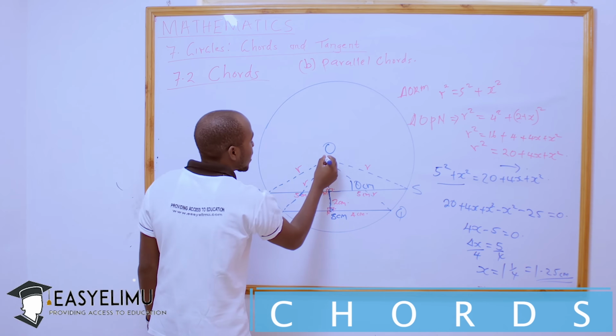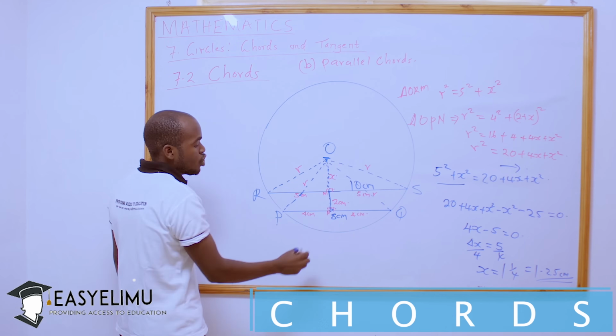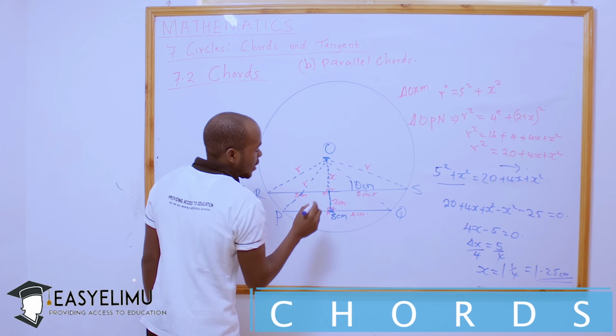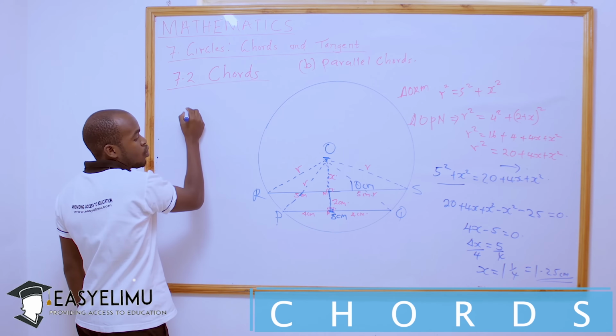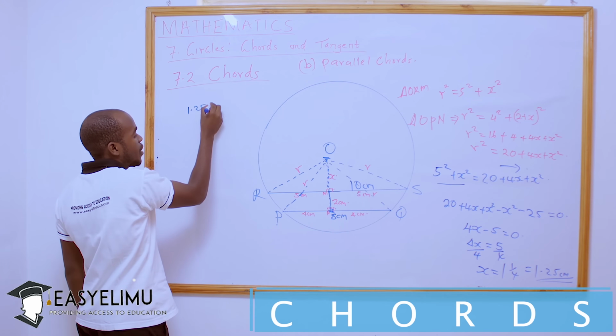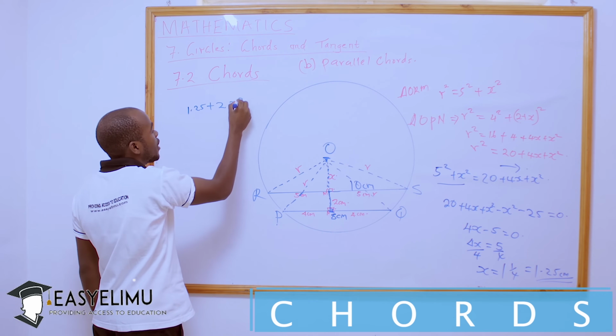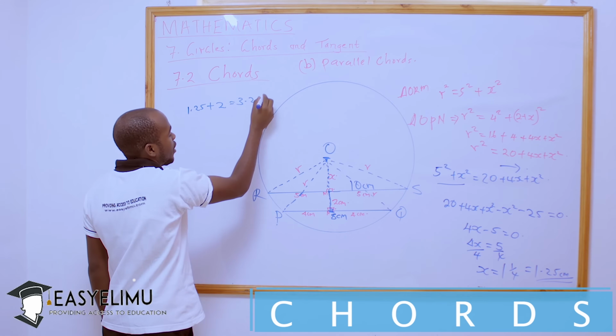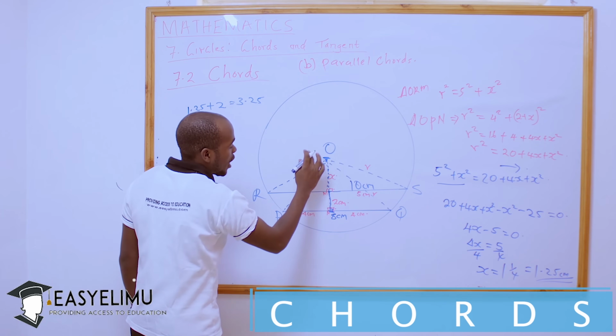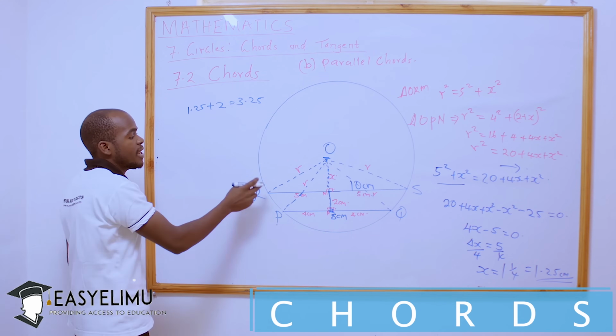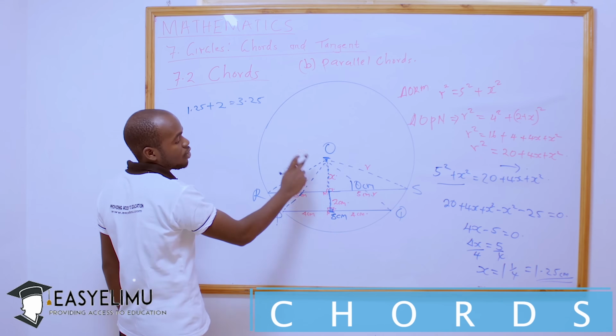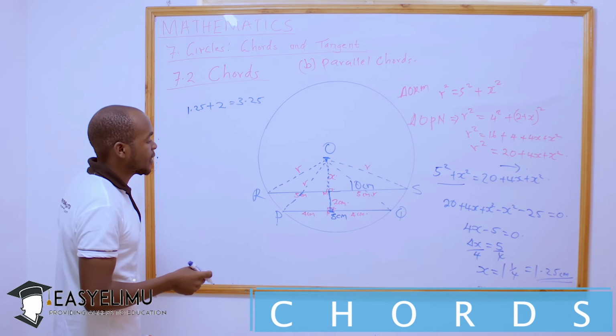So the distance from the center of the circle to the end is equal to 1.25 plus 2, which is equivalent to 3.25. Or you can use the other triangle, the upper triangle, to find the radius, or use the lower triangle to find the radius. It will still give you the same.